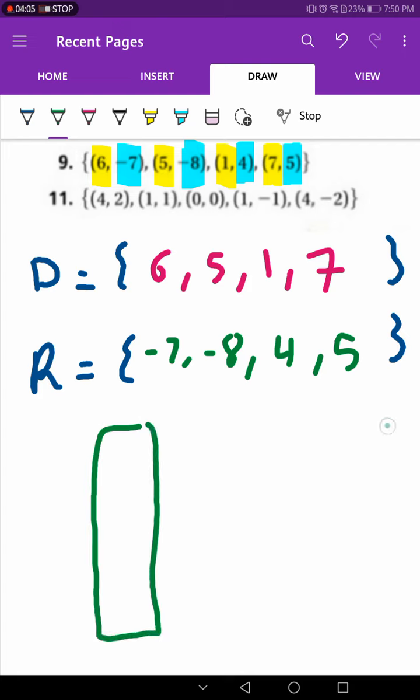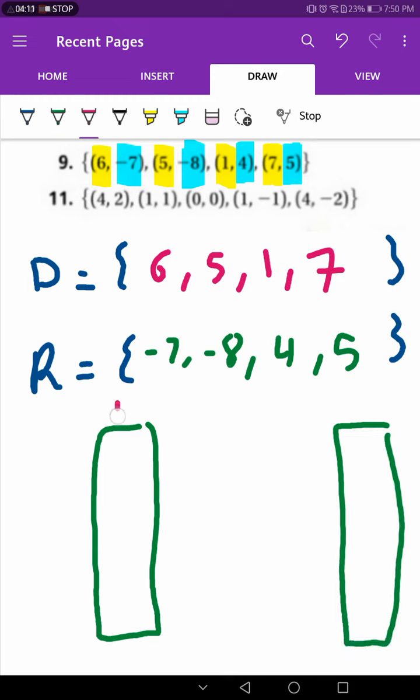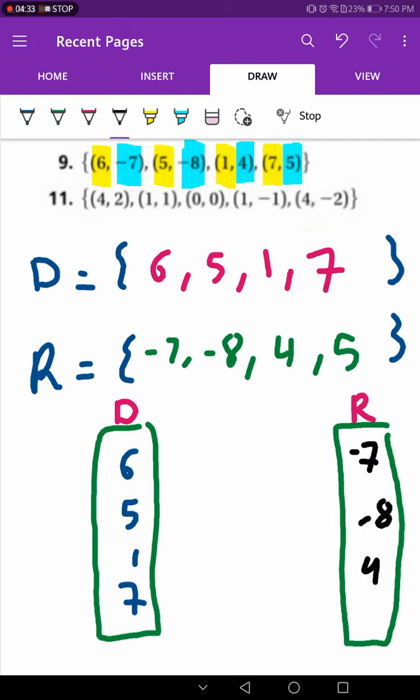Now I'm trying to draw a mapping, a rectangle here and a rectangle here, one for the domain and one for the range. I put the elements of the domain, which are 6, 5, 1 and 7, and the elements of the range, which are -7, -8, 4 and 5, and draw the arrows between them.